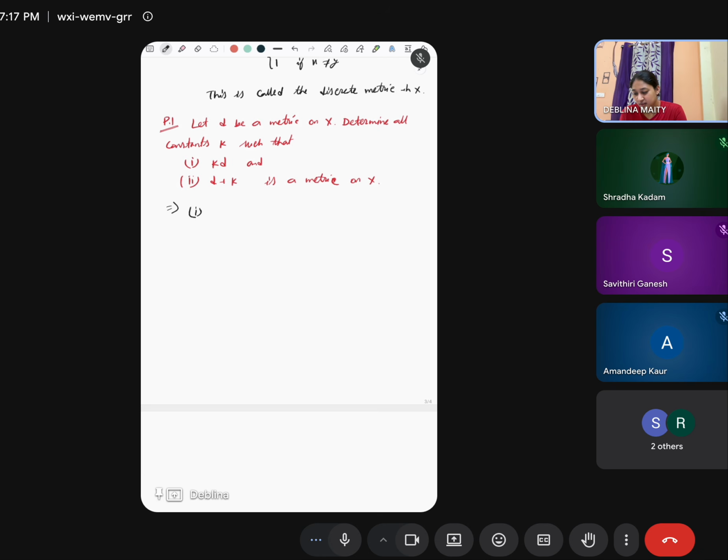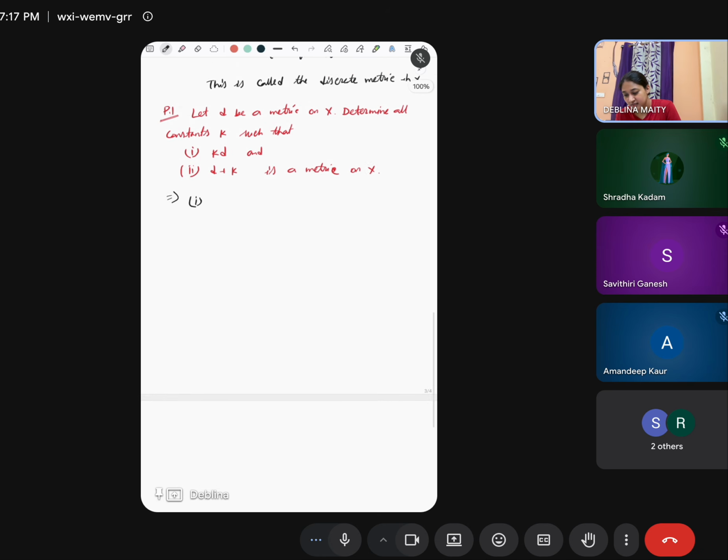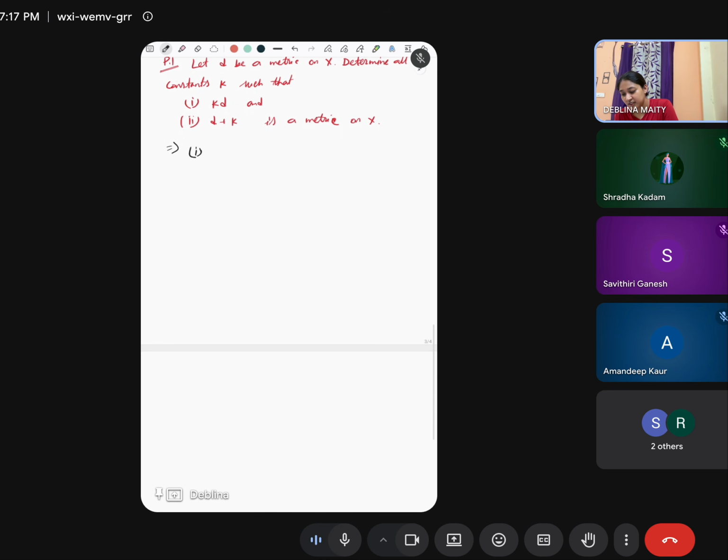Okay, so this means kd has to satisfy all the properties. The first property was what? That it has to be non-negative, right? So if we take d1 to be k times d, then d1(x,y) has to be greater than or equal to 0. So k d(x,y) is greater than or equal to 0, and we know that d(x,y) is always greater than or equal to 0, as d is a metric.